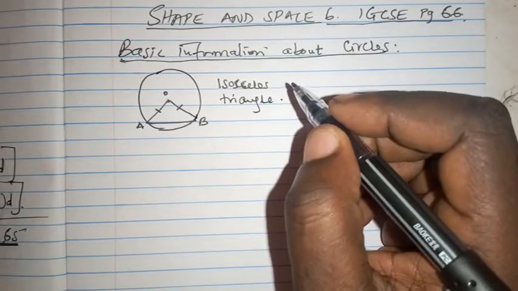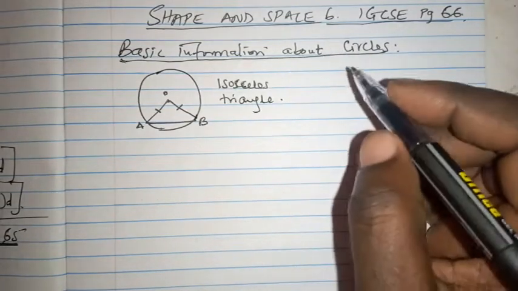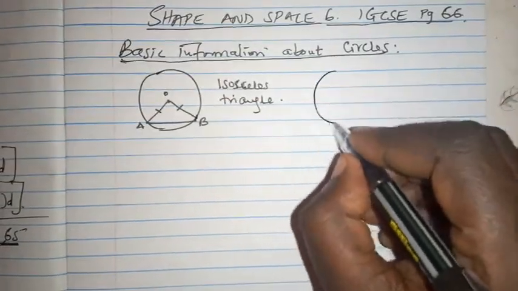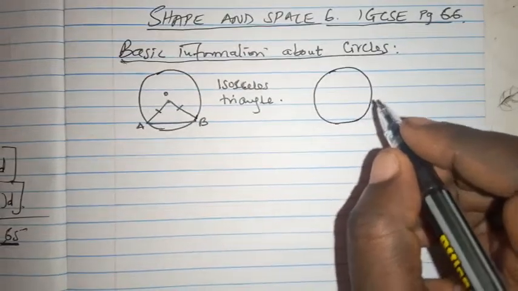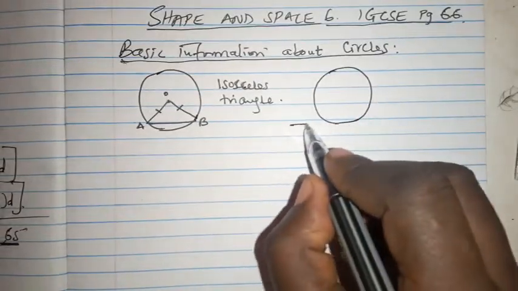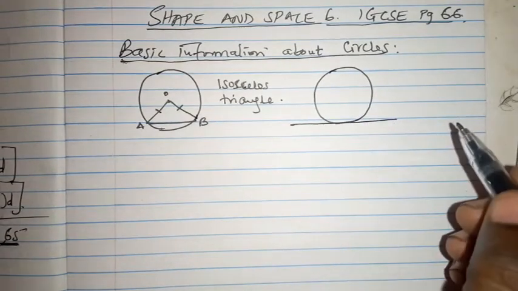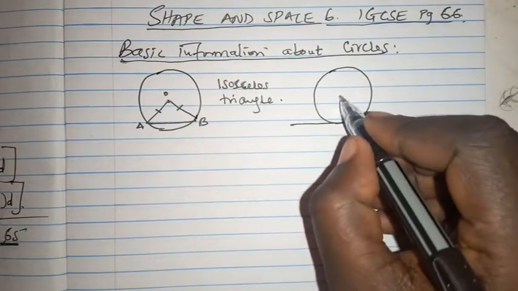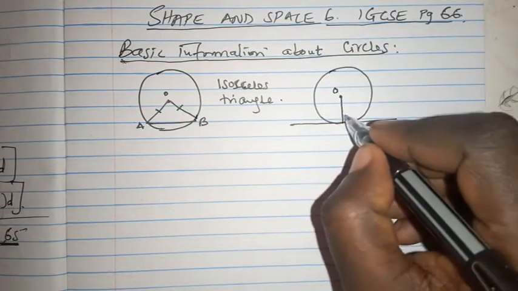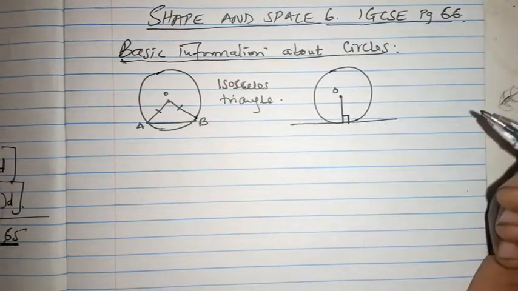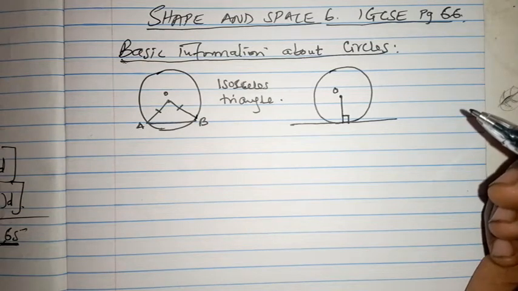At the same time, if you have a circle, and that circle happens to have a tangent, a line that touches the circle only once, and we are talking about center O, then the tangent meets the radius at 90 degrees.